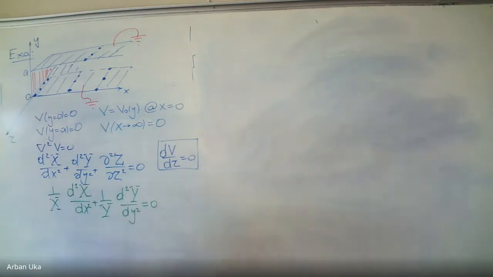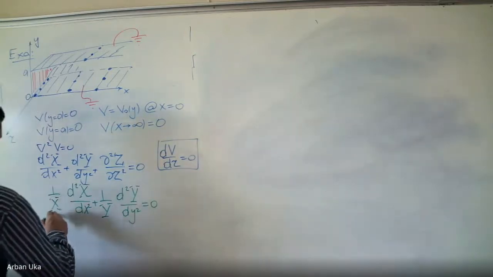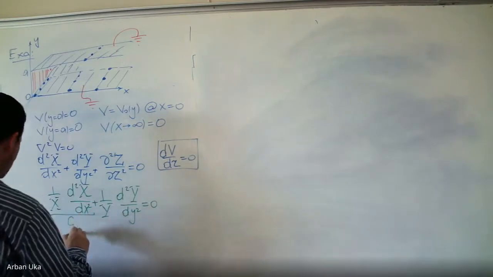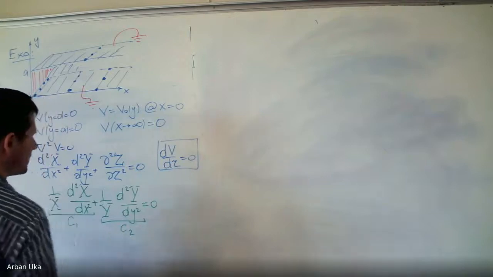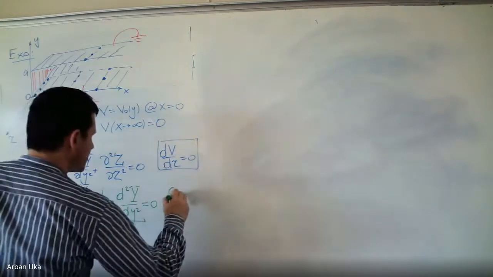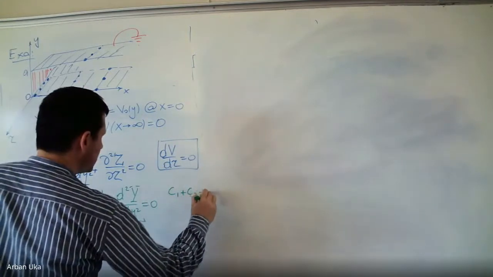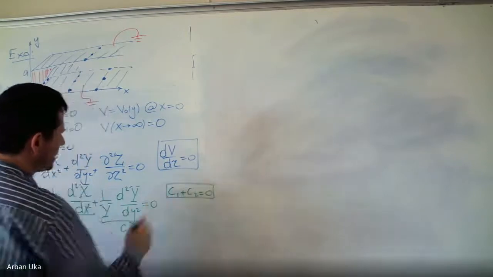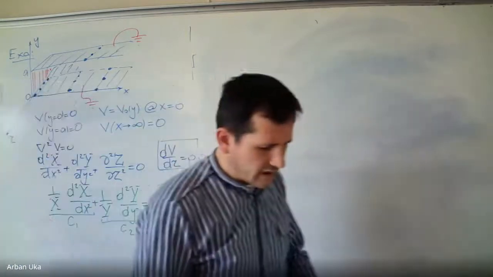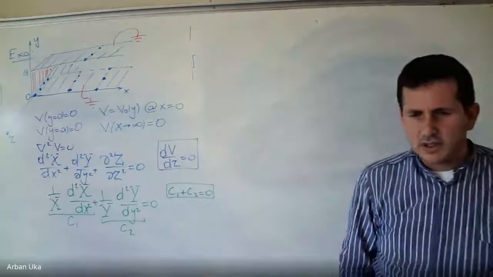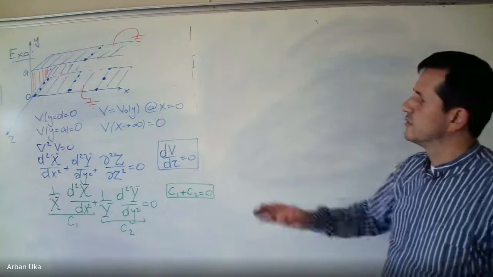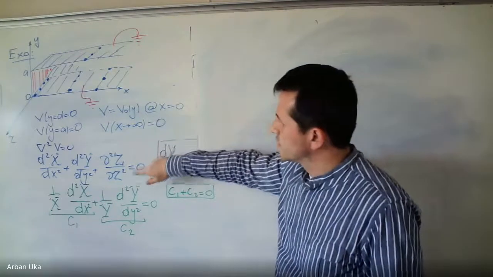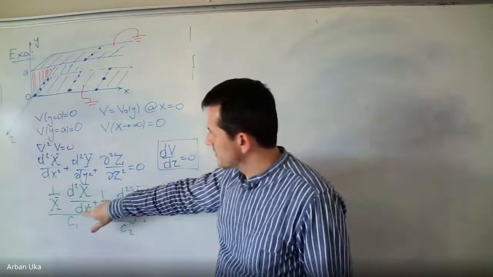Okay, so this differential equation simplifies into this expression. Then we expect this to be a constant C1, and this is another constant C2. Okay, and then we can say that C1 plus C2 is equal to 0. Now, so far, we have not gained much new information. Okay, so we know what the Laplacian equation is going to look like. It will end up something like this.